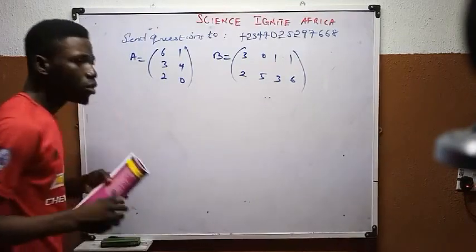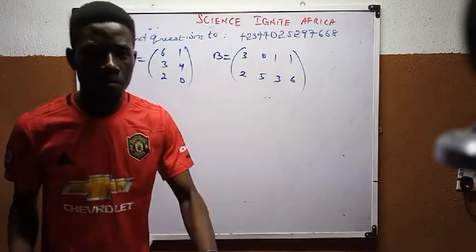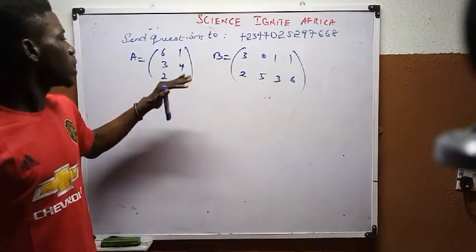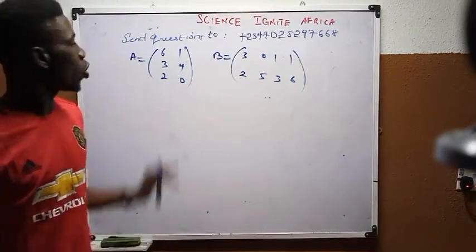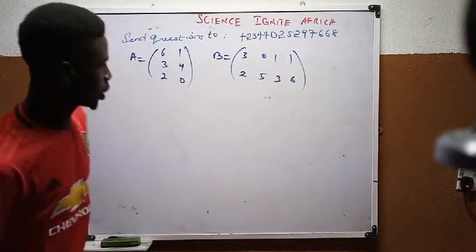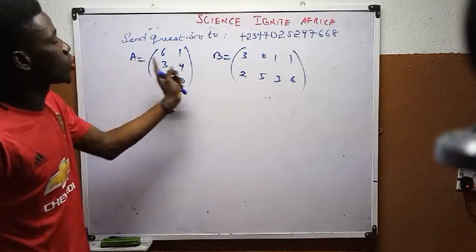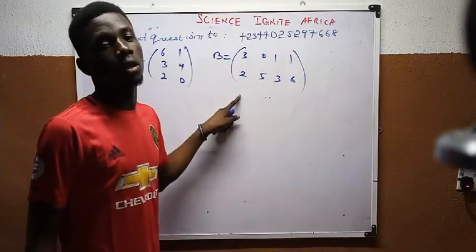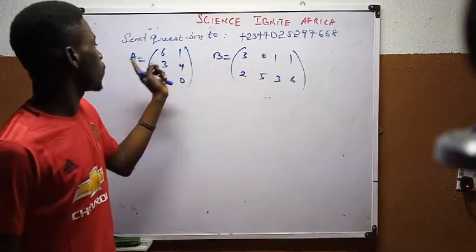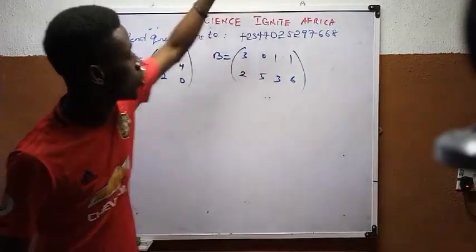Now I said that multiplication is definitely like you are opening a bracket. So what I want to do here is just like opening a bracket. I will use the first row to multiply the first column here. I will use the first row also to multiply the second column.